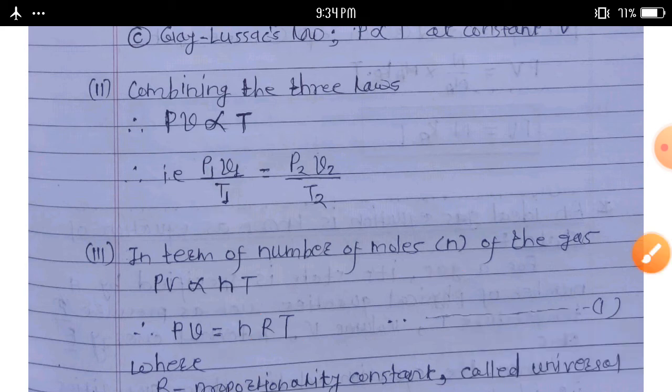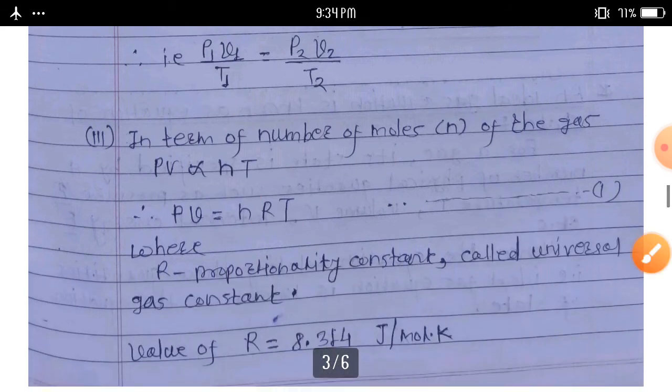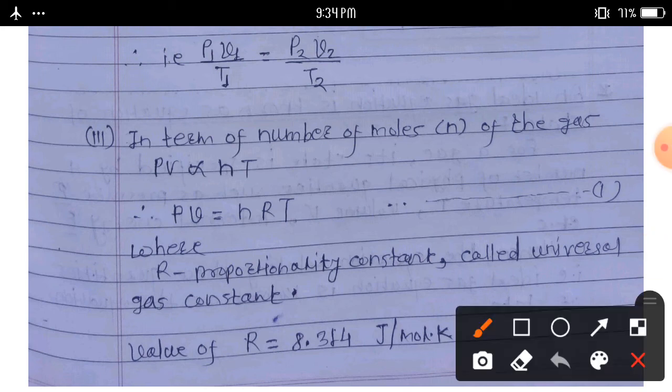Here, capital R is a proportionality constant. This proportionality constant is called the universal gas constant, where PV = nRT and capital R is the universal gas constant.